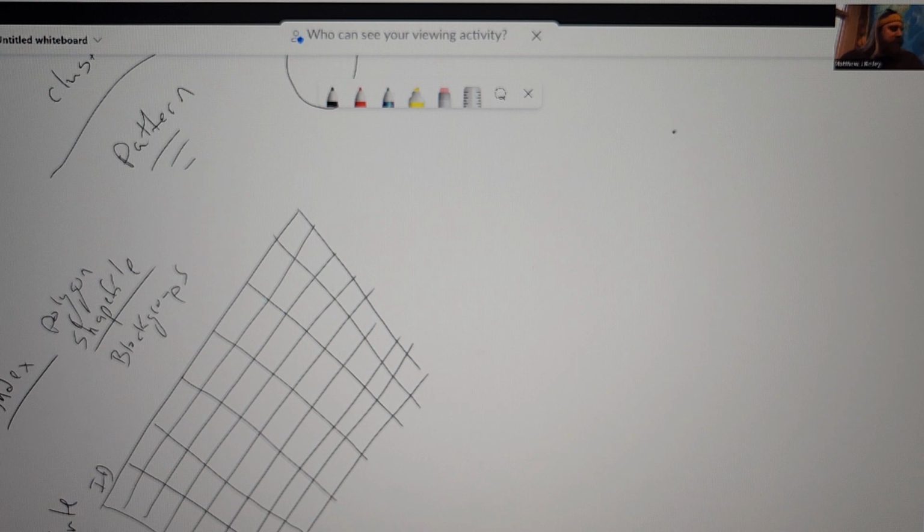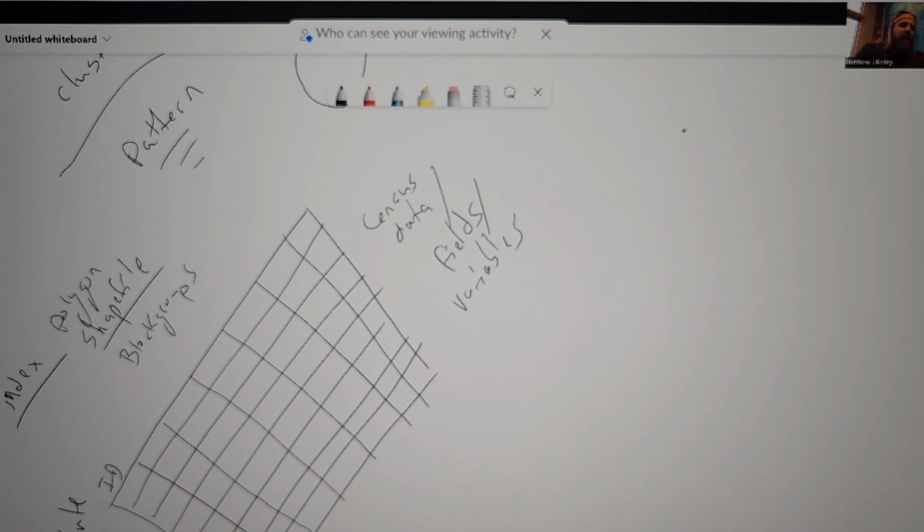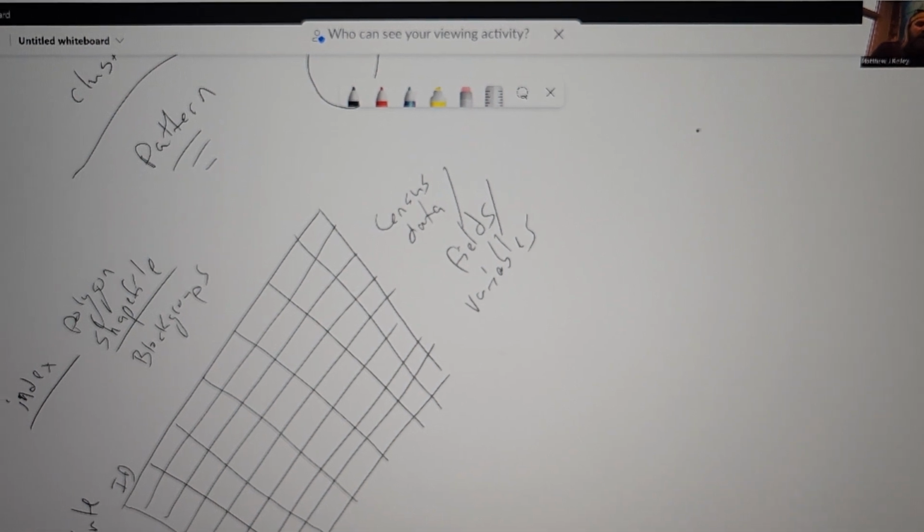What do those columns represent? Different census data. Census data, fields, yep. Census data, fields, let's call them variables.